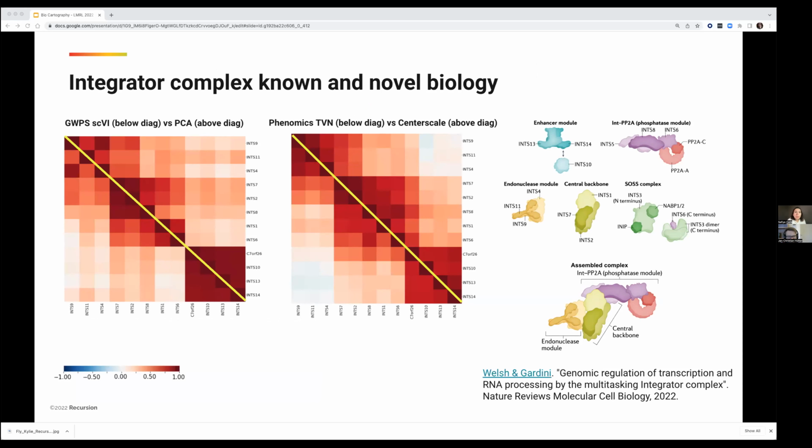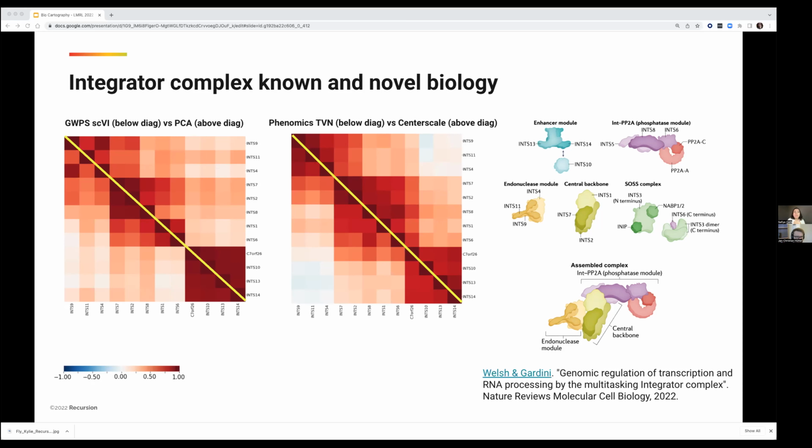We look at 2 split heat maps, one for the transcriptomic maps we built and one for the phenomic maps. And on the left heat map above the diagonal are relationships from the PCA pipeline for transcriptomic map, and below the diagonal are the ones from the SCVI pipeline. And on the right heat map above the diagonal are relationships from the phenomic center scale pipeline, and below the diagonal are the ones from the TVM pipeline.